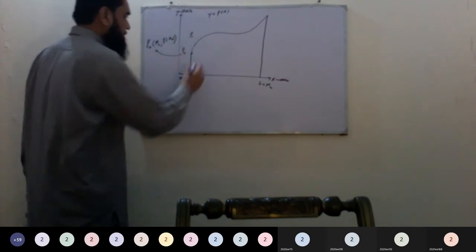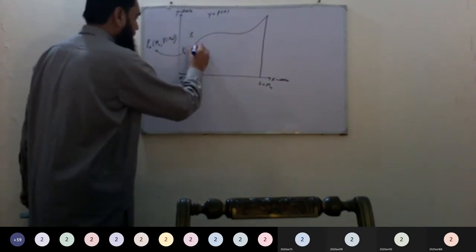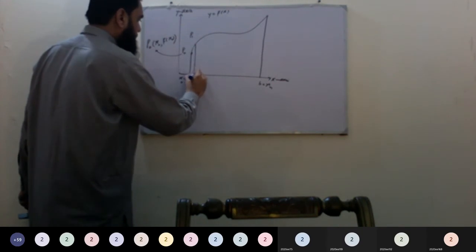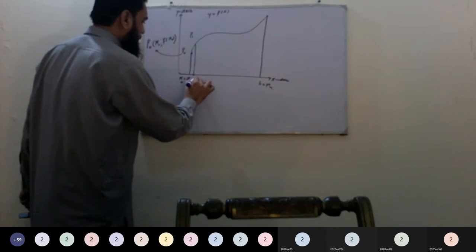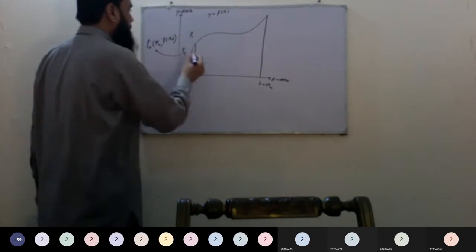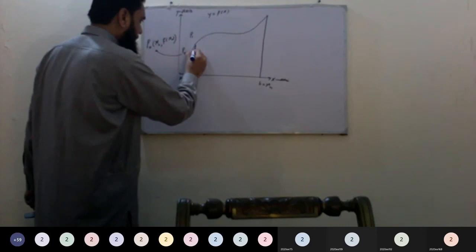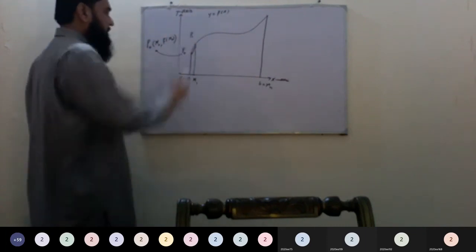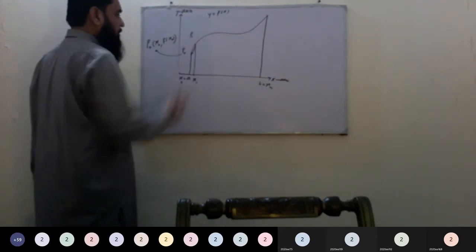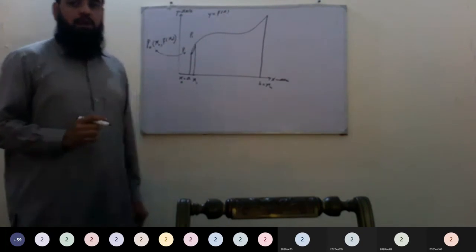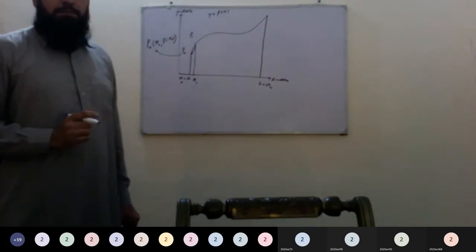And similarly P1, corresponding to x1. So we look into this portion of the curve, from P naught to P1. This is going to be one of the pieces.